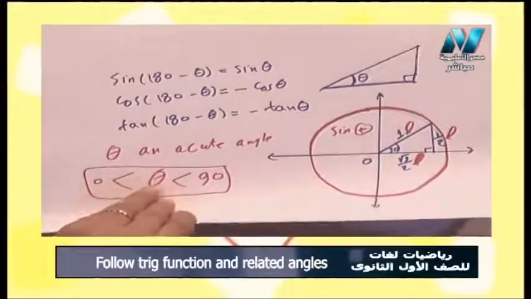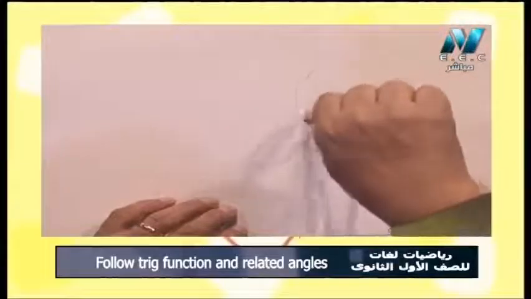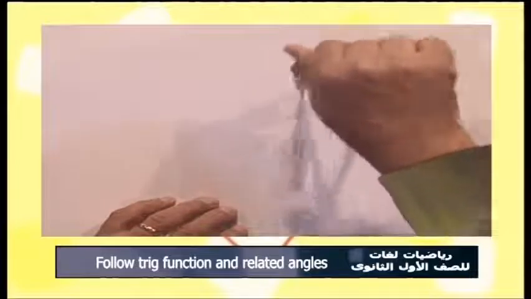We will move to another thing here. We discussed only angles in the first and second quadrant. So let us study the third quadrant also. Let us draw the unit circle again. I like the unit circle because it explains the trig functions to us very well and easily.